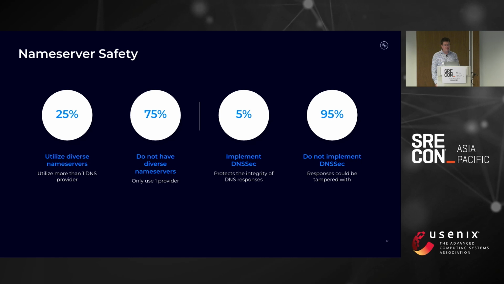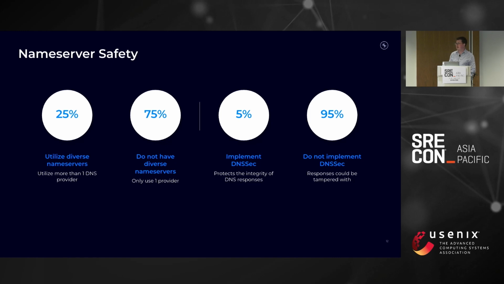If we go and look at nameserver safety, the numbers are actually surprisingly better. I was genuinely surprised. 25% of these domains use more than one DNS provider. You may remember the Dyn outage in 2014 or 2015 that took down a large piece of the internet.